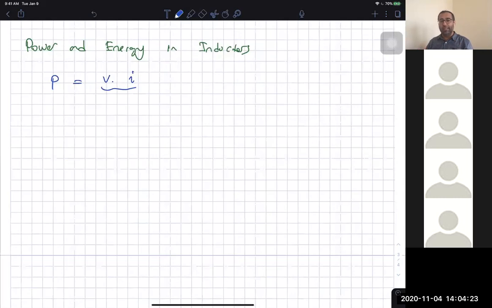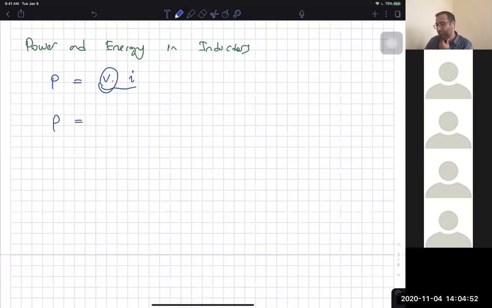But of course, in any case, you know how to calculate voltage when you are given current, or how to calculate current when you are given voltage. So this equation will always be valid. But just for simplicity, I will be making some changes here. For example, I know how to write V in terms of I for an inductor, so I can generate one more equation for power.